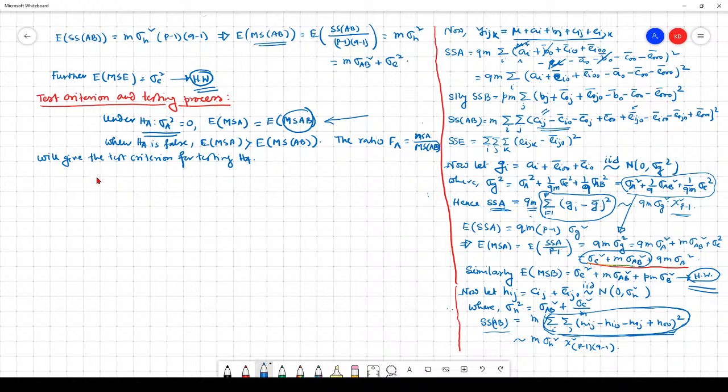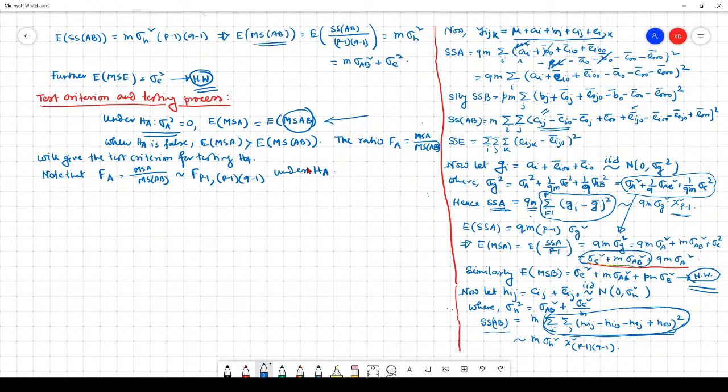Note that FA, which is MSA by MSAB, follows an F distribution with P minus 1 and P minus 1 degrees of freedom under HA.